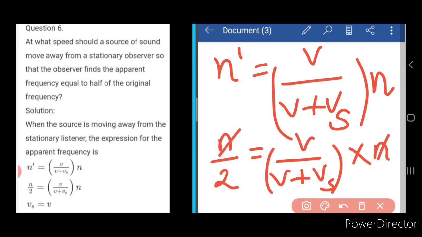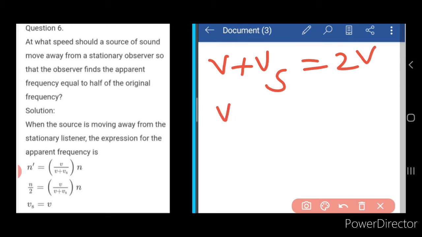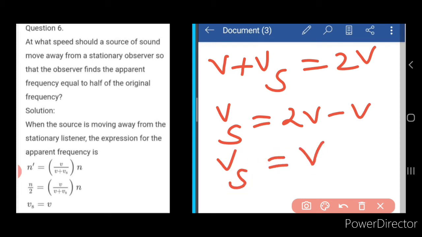So what you will get? We will get v plus vs is equal to 2v, right? So vs is equal to 2v minus v. So vs is equal to v. So here the velocity of the source is equal to the velocity of the sound, right? So the speed of the sound is equal to the speed of the source.